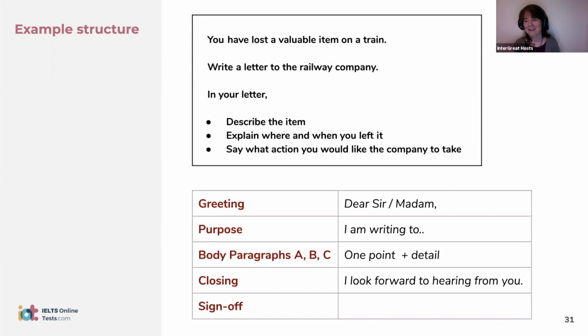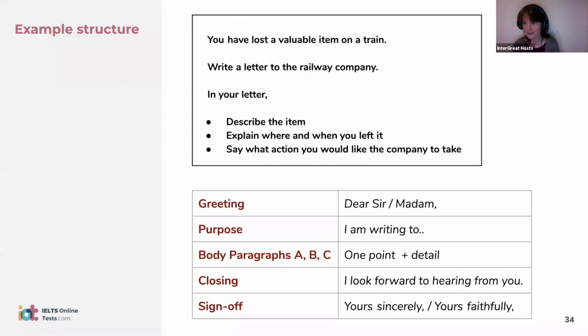And then the sign off. Yes, you're ahead of me, Shahab. We have yours sincerely, or as Shahab put it, yours faithfully. I wouldn't put to whom it may concern. We don't tend to use that anymore. So yours sincerely or yours faithfully at the end.